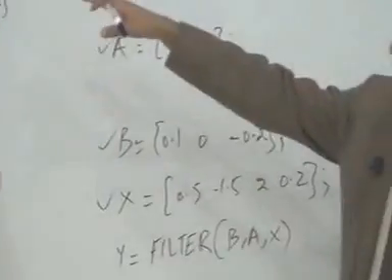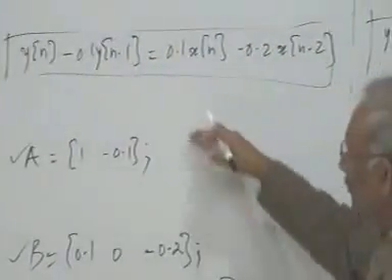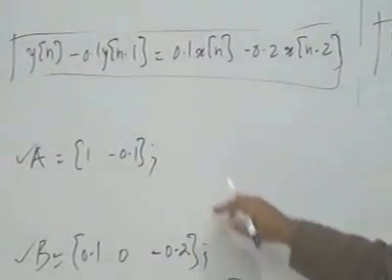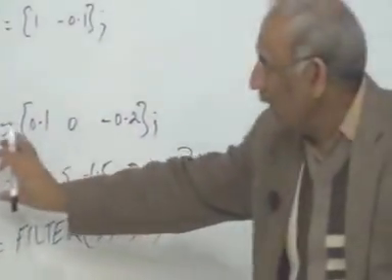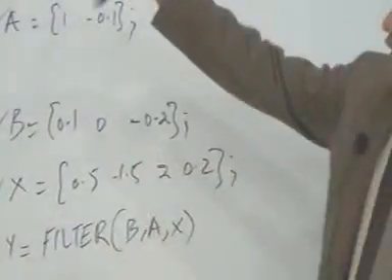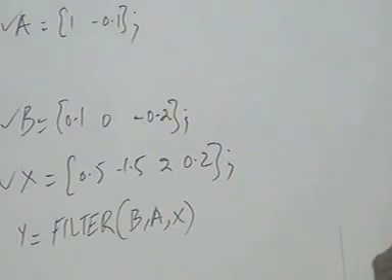So these will be vectors a and b, and x is actually your input. So if we are given a difference equation, we are given these coefficients, and then we can find out output for any given input. Now x can keep changing, and we can keep finding out what output the same filter will give.